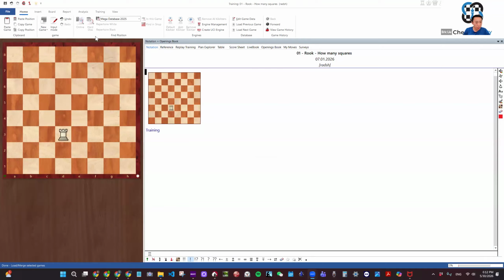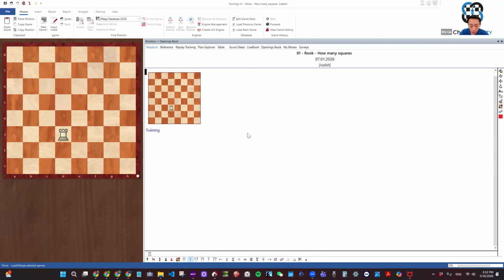So here I have an example of a rook. The first question is, what square is this rook on? Type it in the chat. Okay, we're getting a lot of answers.